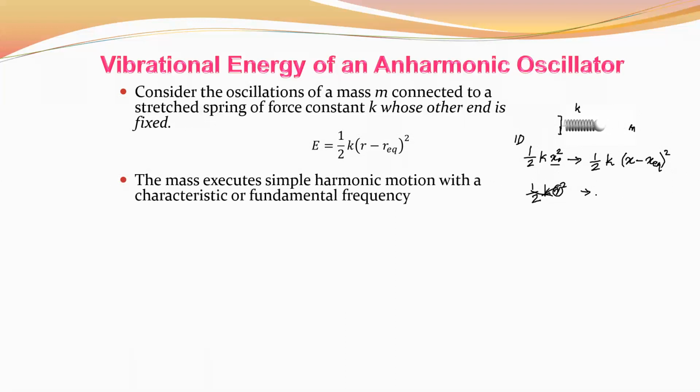This mass will constitute a simple harmonic motion with omega equal to 1 divided by 2 pi root of k divided by m. Here we write the expression for frequency.